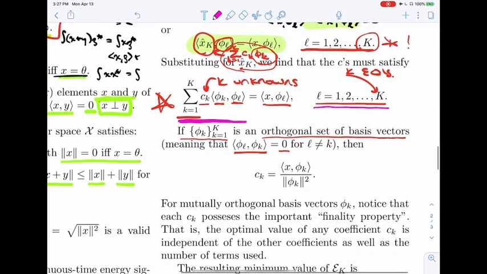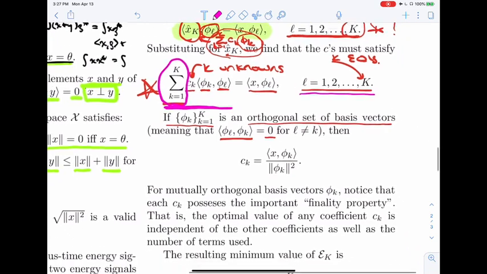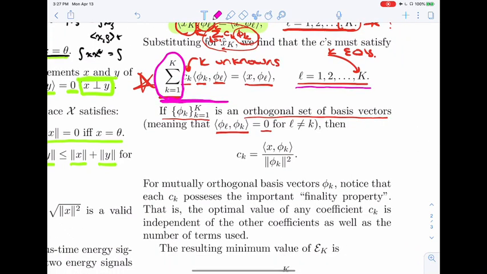But my sum itself goes k equaling 1 to cap K. For cap K minus 1 of those terms, phi sub k is something different than phi sub L. Only in one case would my little k be equal to little l. So if I had mutually orthogonal pieces where phi k and phi L have an inner product equal to 0, most of the terms in this sum are going to go to 0.